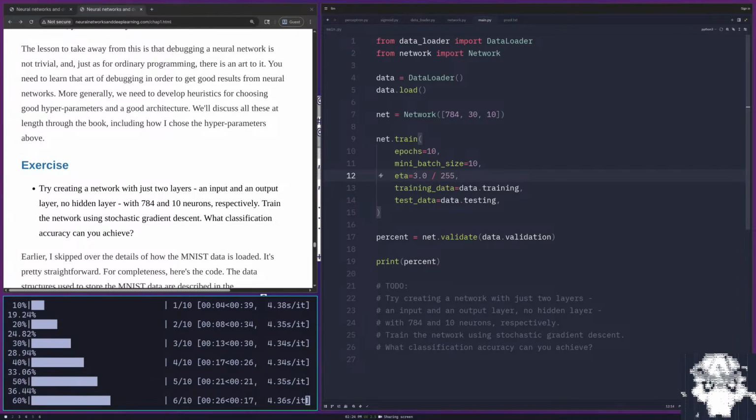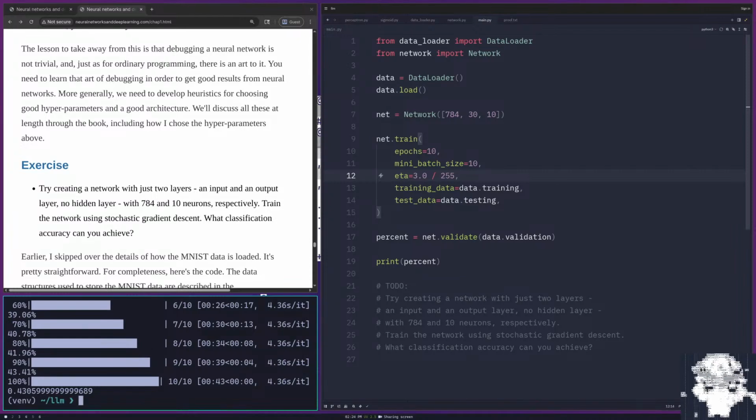Okay, so I have a guess actually of what's happening. The first layer, its activations can be up to 255, so it needs a faster learning rate, whereas the other layers would need a slower learning rate.